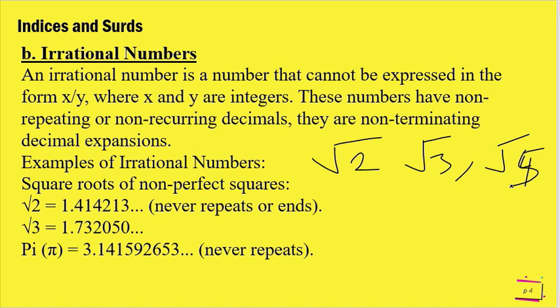Then we have another example, pi. That's how irrational numbers are obtained. When we talk about irrational numbers, in most cases surds are examples of irrational numbers, and in this video we will be talking about surds.